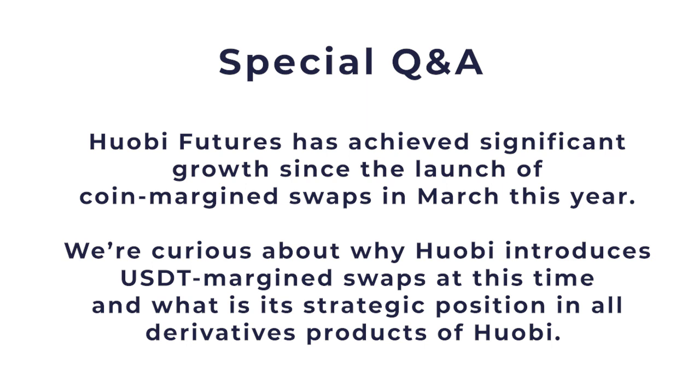Okay, good question. There are many reasons for introducing USDT margin swaps at this time. After the plummet on March 12th this year, almost all cryptocurrencies experienced a long-scale slump, with shorting sentiment high across the market. Though users could open shorts in coin margin swaps, they still have to bear the loss from the falling token price.